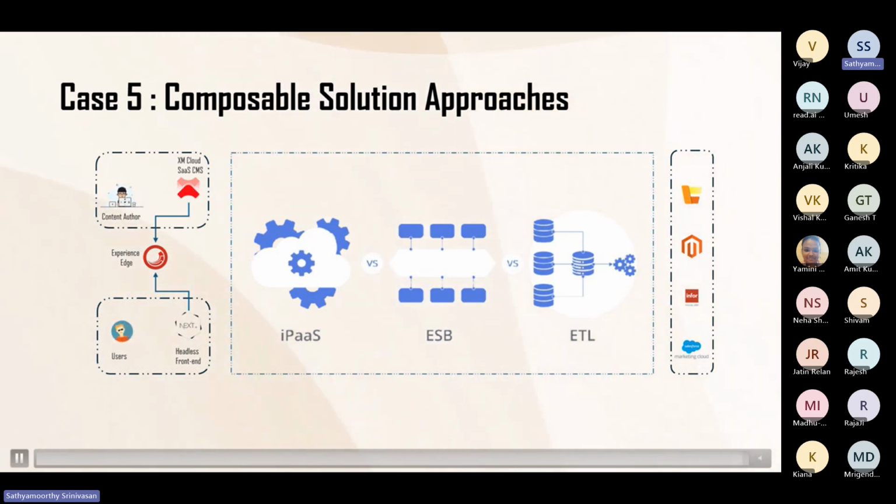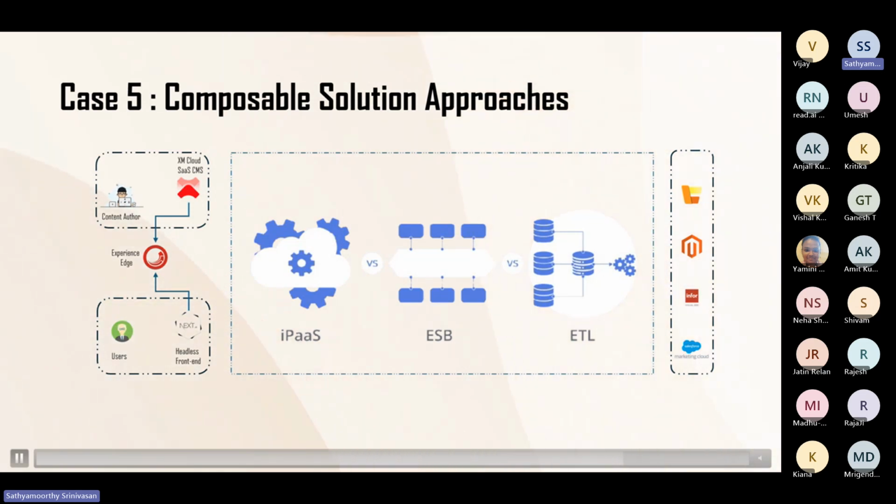So the key differences. If we go with iPaaS, it is best suited for cloud-based or real-time integrations between SaaS components. An enterprise service bus is ideally recommended for large enterprises with complex and message-driven workflows.